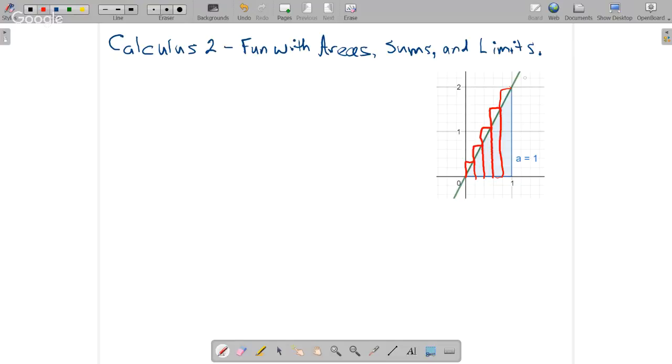So to set up something like this, I need a couple of pieces of information. One would be what is the function. So in this case, I have f of x equals 2x. And I need an interval to look at. So this is going to be on the interval from 0 to 1.